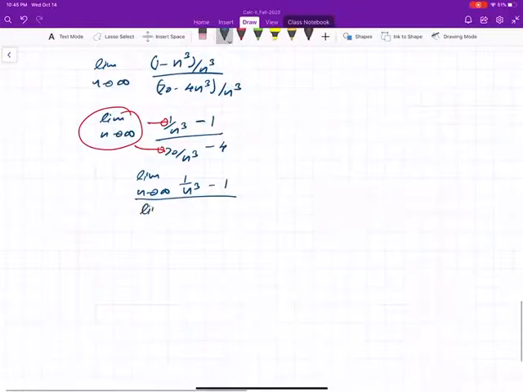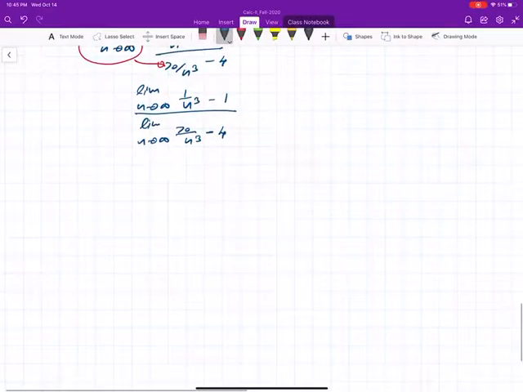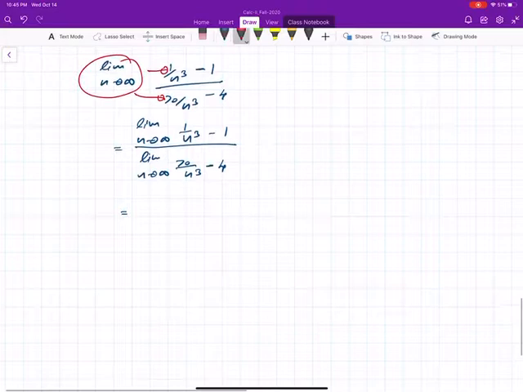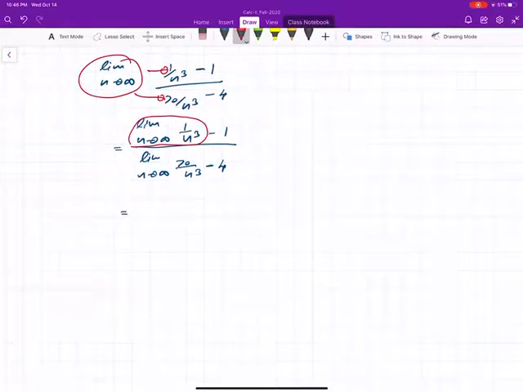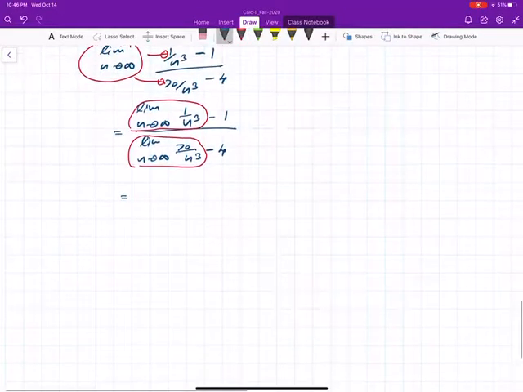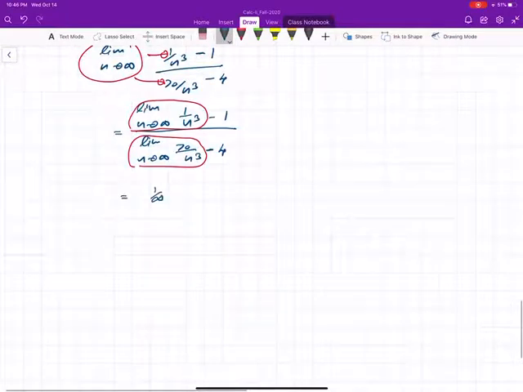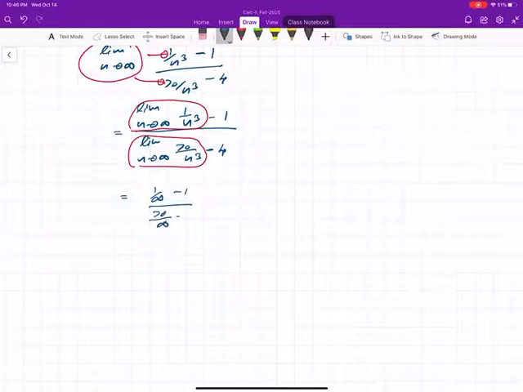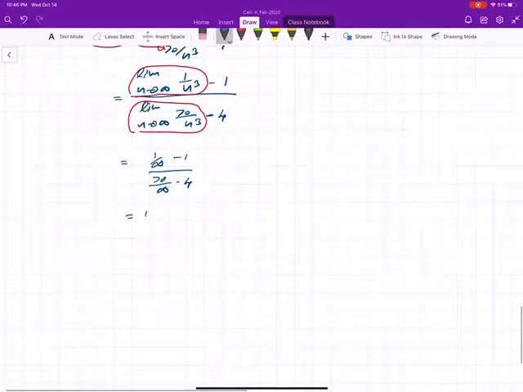And here you write limit n goes to infinity, 70 over n to the power 3 minus 4. The limit of that one should be 0 and that one also 0. Technically, this is something like 1 over infinity, which is 0. This is also 70 over infinity, which is 0. So the answer should be 1/4.